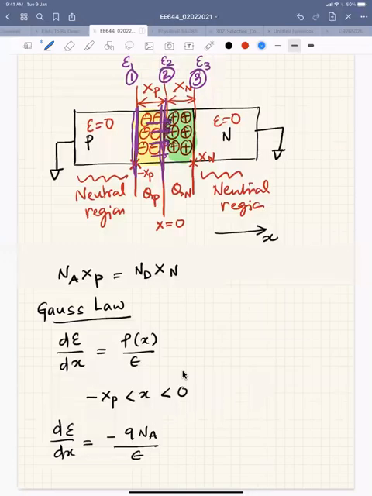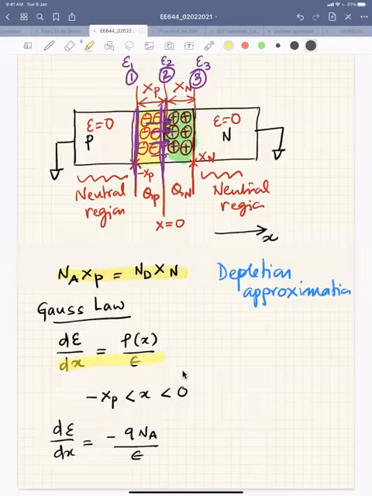Here, I have taken this depletion approximation. Now, to solve, I have to write Poisson's equation, or I could even solve by Gauss law: dE/dx equals rho(x) by epsilon.